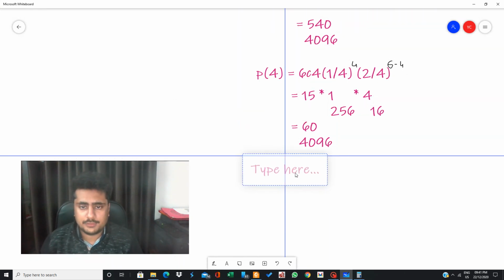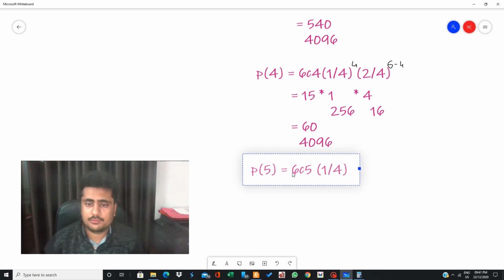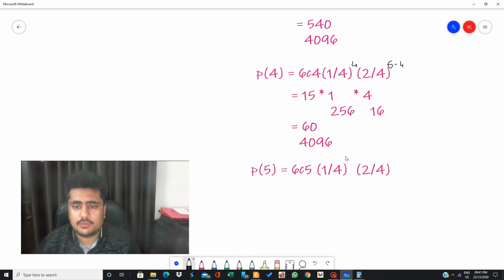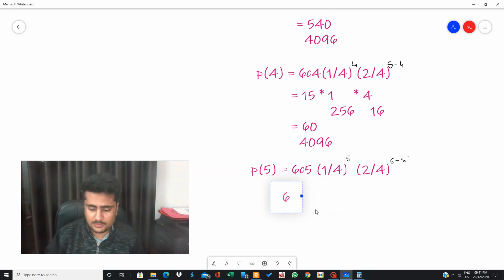Then P of 5, 6C5, 1 upon 4 raised to 5, 3 by 4 raised to 6 minus 5. Now what is 1 by 4 raised to 5?